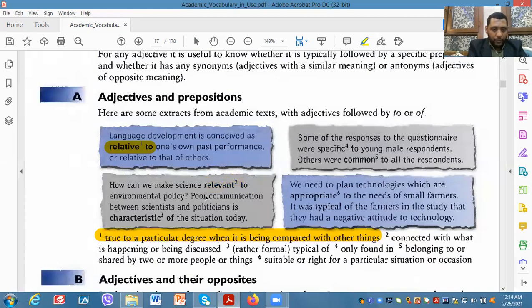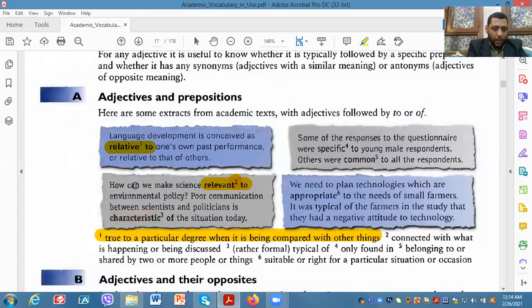In this extract we can find two adjectives, not one, and both of them are followed by a preposition. The first, relevant, is followed by the preposition to. And the second one is characteristic, followed by the preposition of.